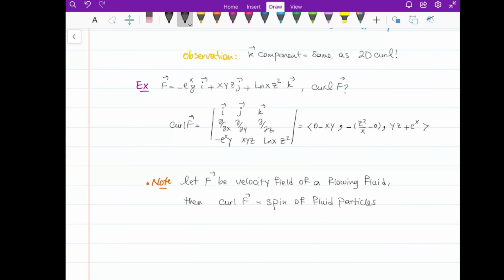Which means that if the curl of F is equal to 0, the vector field F, or the velocity field, or I can say the fluid, is irrotational. That's the physical meaning of the curl.